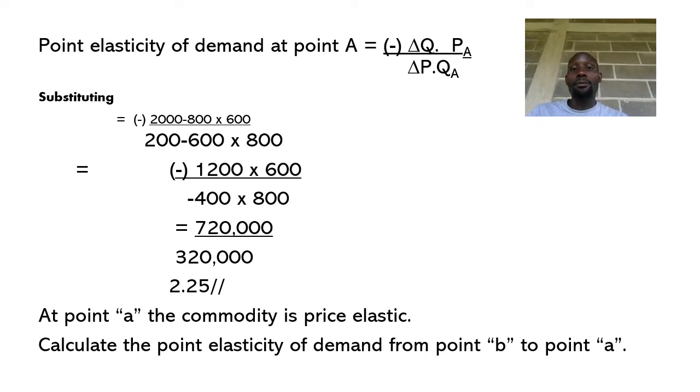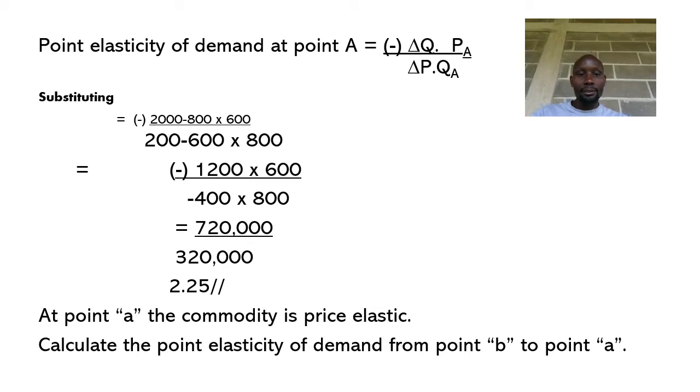We shall use the same formula we used to calculate price elasticity of demand in our previous lesson. So we shall substitute, and then we shall have 2,000 minus 800 times 600 divided by 200 minus 600 times 800.